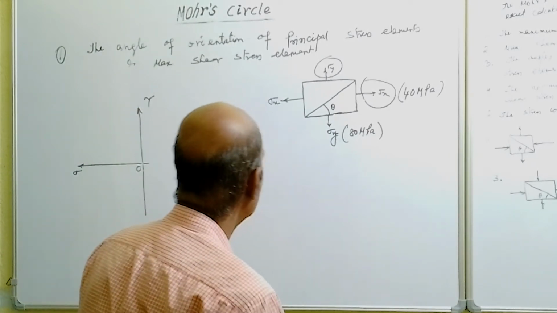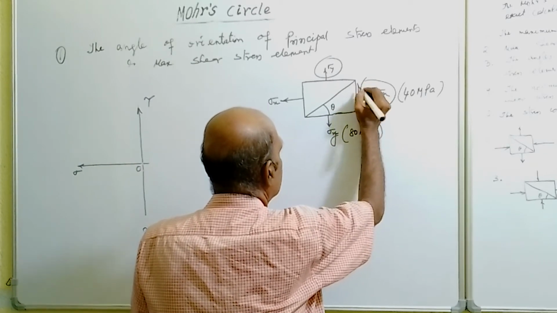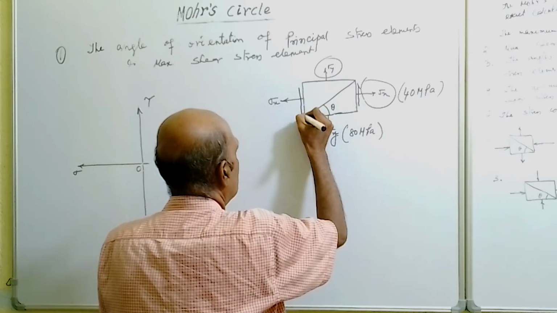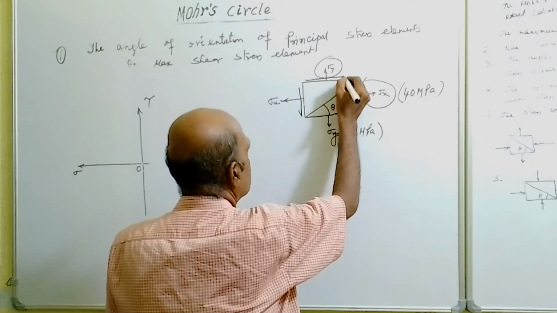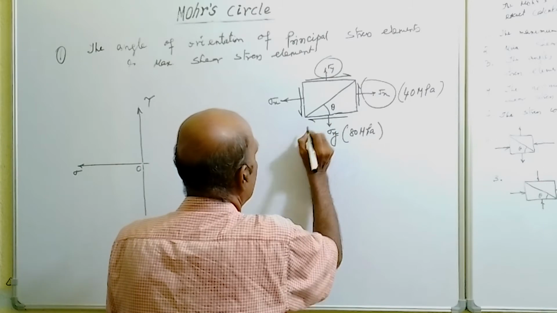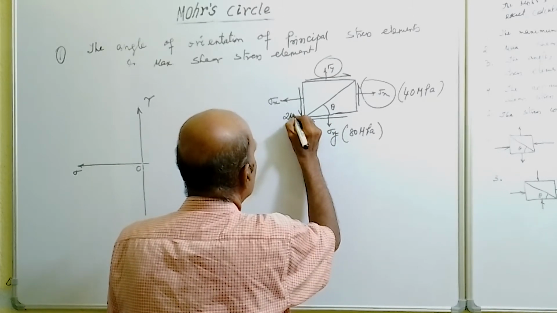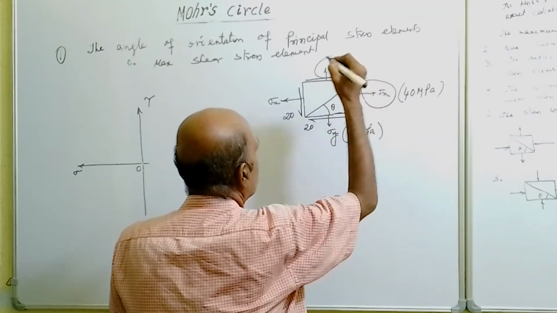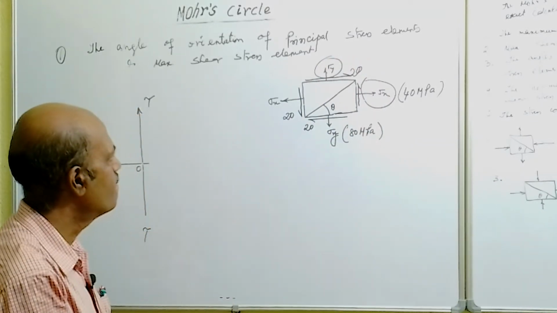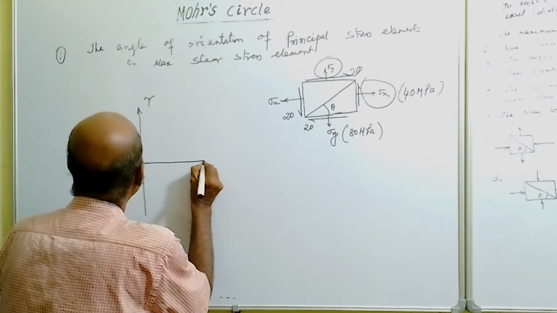Okay, let us take shear stress also. The shear stress is also acting over the element. Now let this value be 20 megapascal. Now draw the Mohr circle for this.